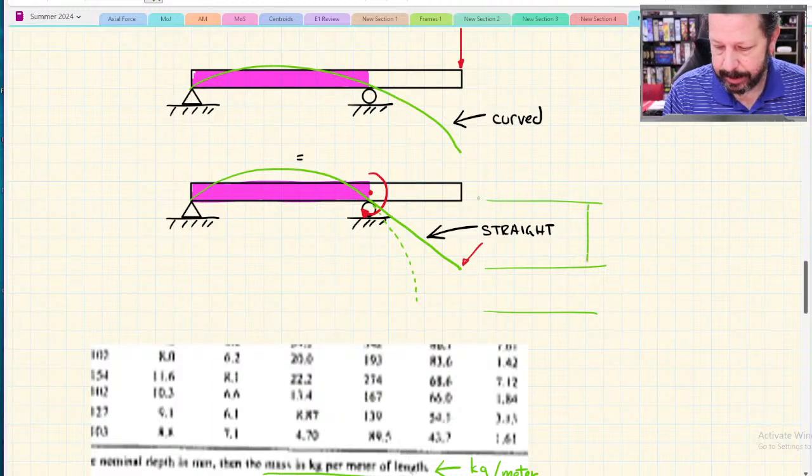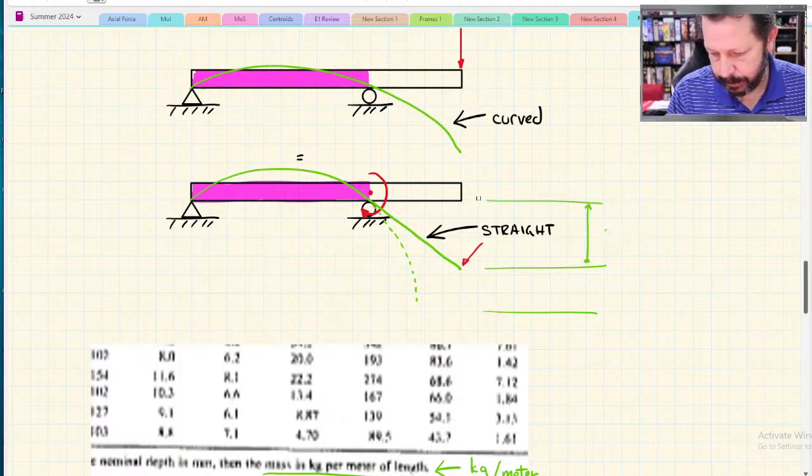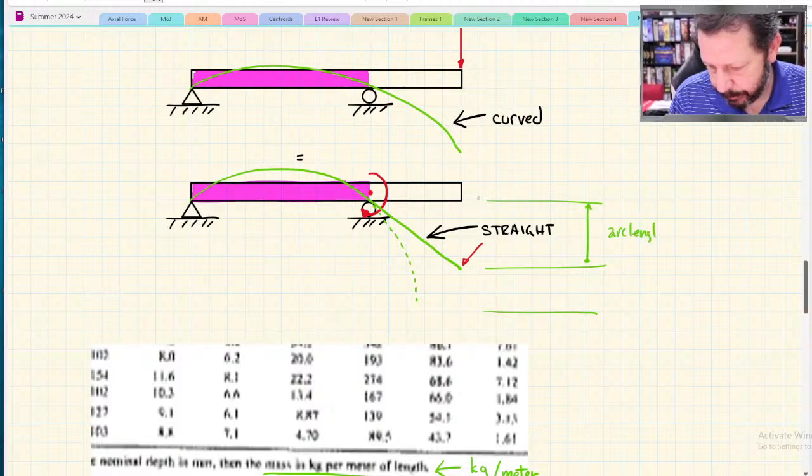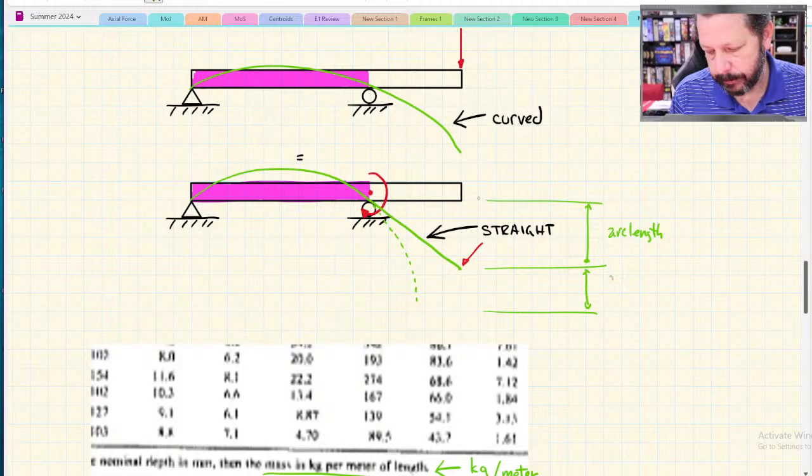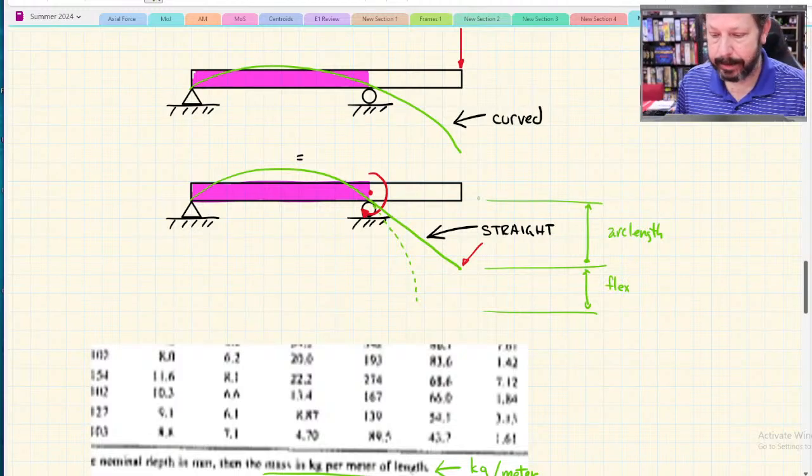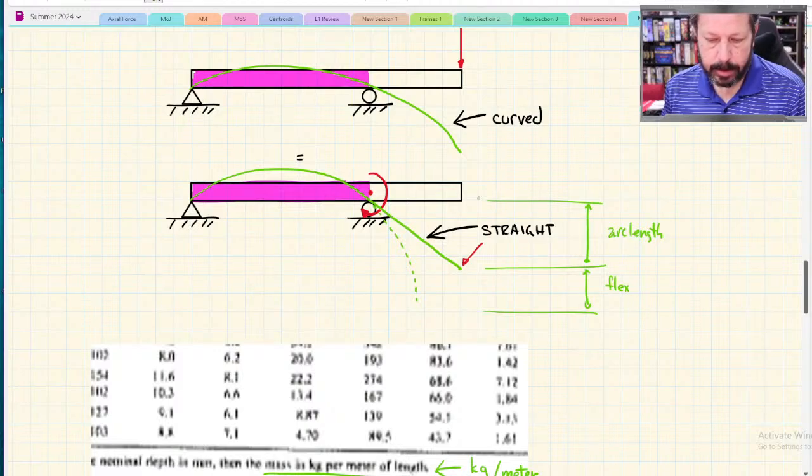So you have to add this, which is the arc length. Can't get it to spell what I want. Arc length. And we have to add this, which is the flex part, where it's actually flexing, bending. So that's how those work.